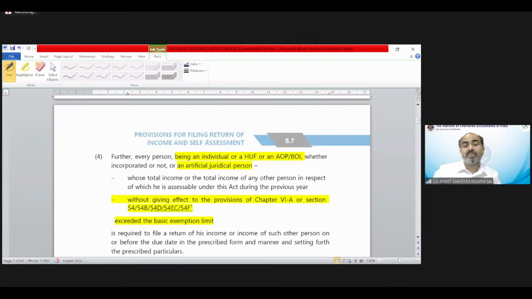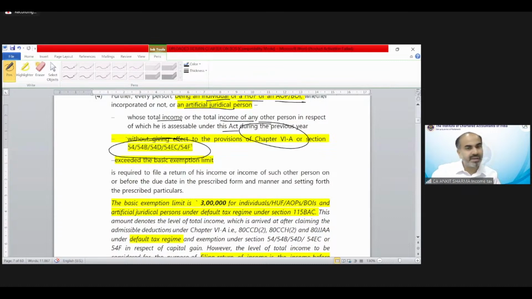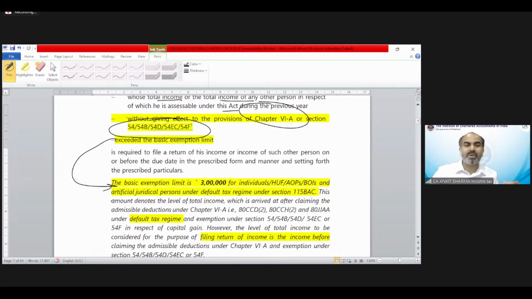Then further, point number D, what we discussed, that if you are an individual, HUF, AOP, BOI, or AJP, and if your total income before giving these deductions and these exemptions exceeds the basic exemption limit, then you also need to file your ROI. What is the basic exemption limit? It has been discussed already in chapter number 1.